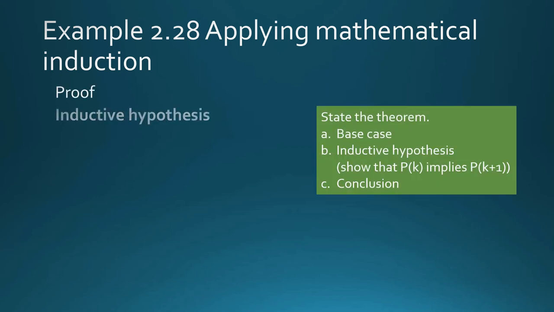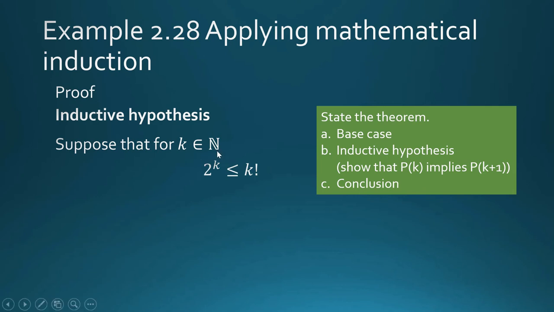So it's like we are going to make a tentative assumption that the proposition is true for any positive integer k. And be sure to change your dummy variable.